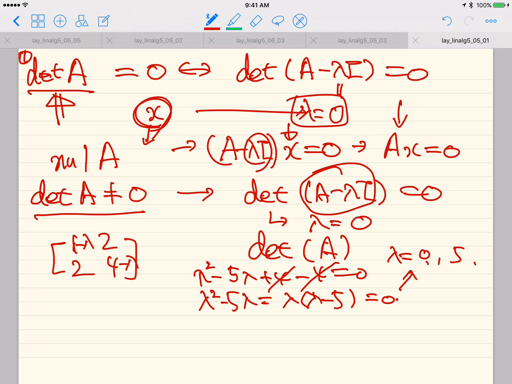And 0 means without subtracting anything, keeping A as it is, it is already non-invertible, but you can find another, non-zero lambda value to make A still non-invertible as a different matrix, A minus 5I, right? Okay.